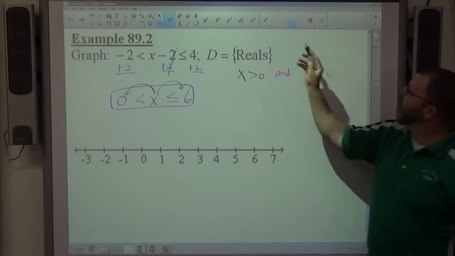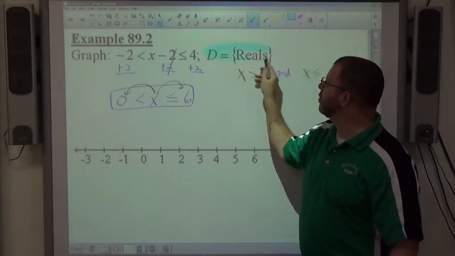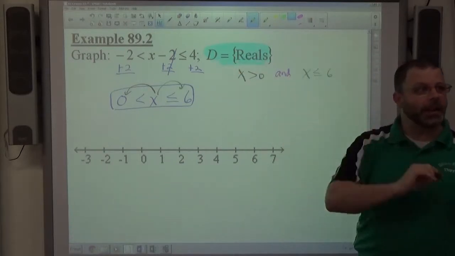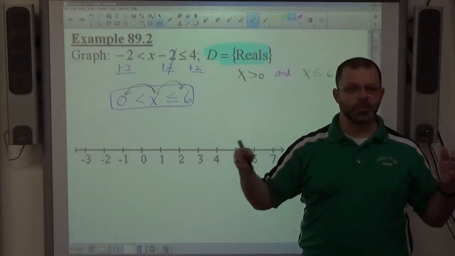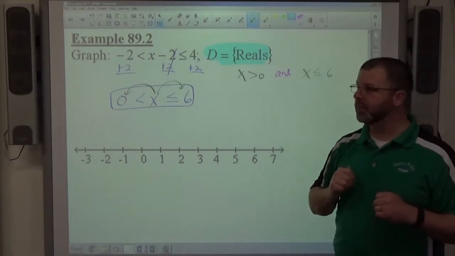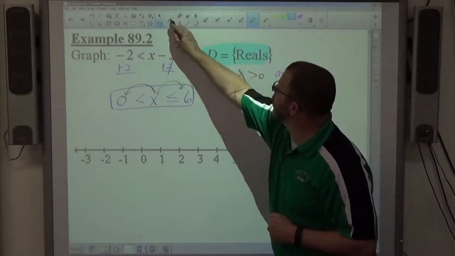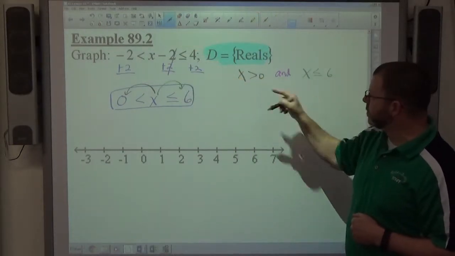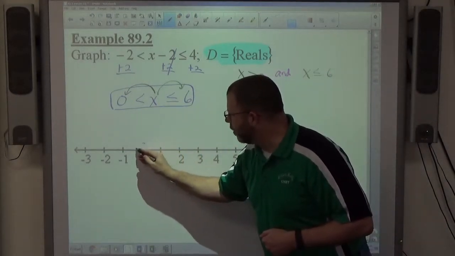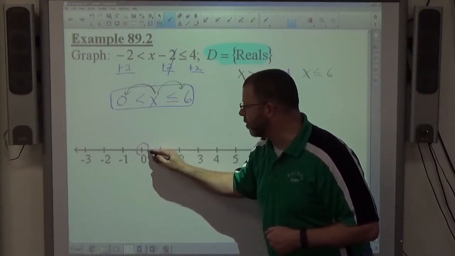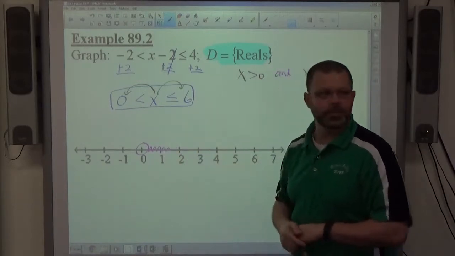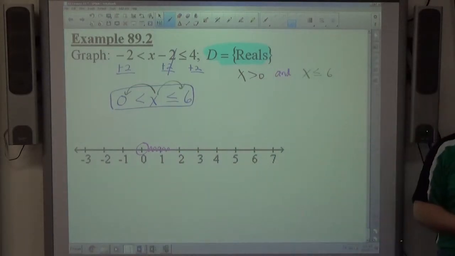All right. Now this time you'll notice the domain is a set of real numbers. So now instead of putting dot, dot, dot, dot, dot, I need to worry about open and closed circles on the endpoints, and I need to shade things. All right. So if I'm considering that x is greater than 0 starts here, open circle, and goes off this direction, right? Notice I didn't go very far.